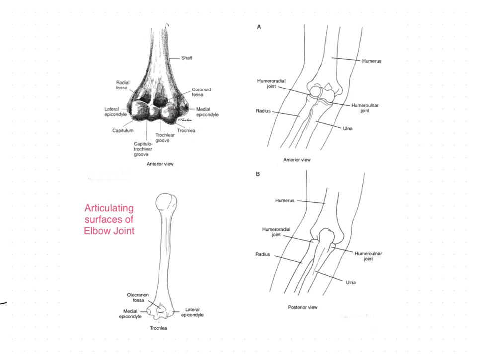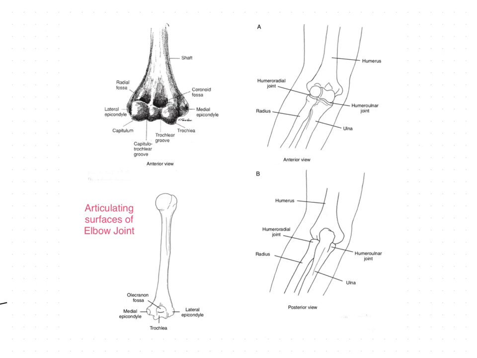Now, in this session, we are going to see the structure of elbow joint. In that structure, we are going to see the articulations, the articulating surfaces of the elbow joint, and also the articulating surfaces of radius and ulna, and articulations of all these joints.